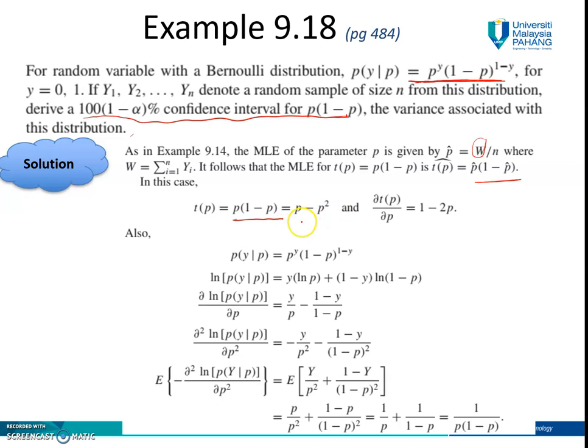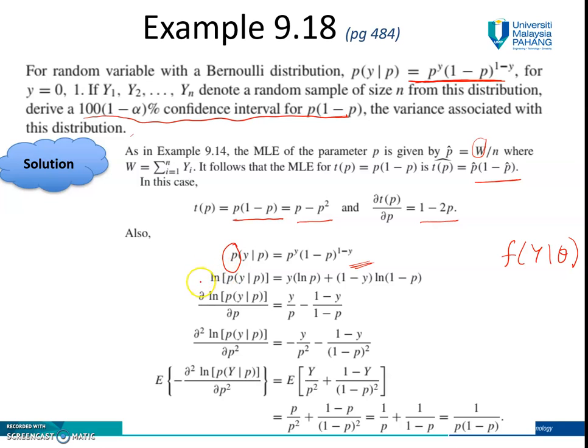You multiply, you get this one, then you differentiate with respect to p, and you get 1 minus 2p. Then, instead of the likelihood function f(y given theta), because this is discrete, we use p here: y given p, the mass function.